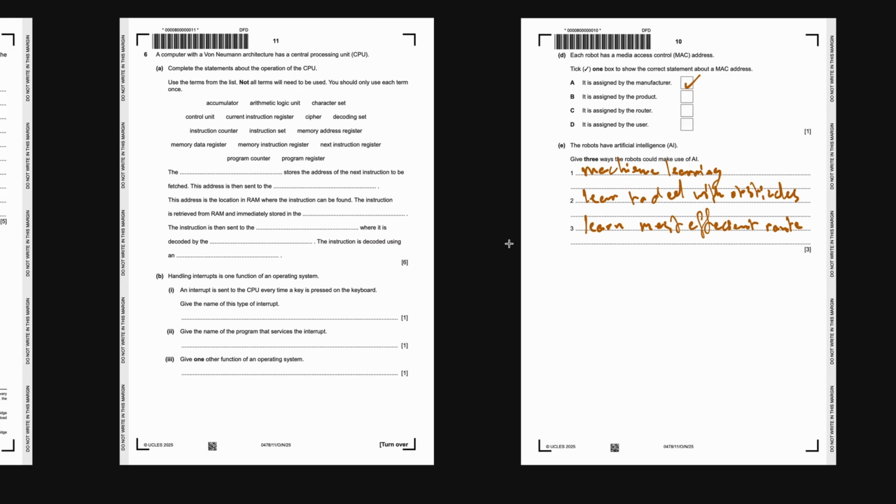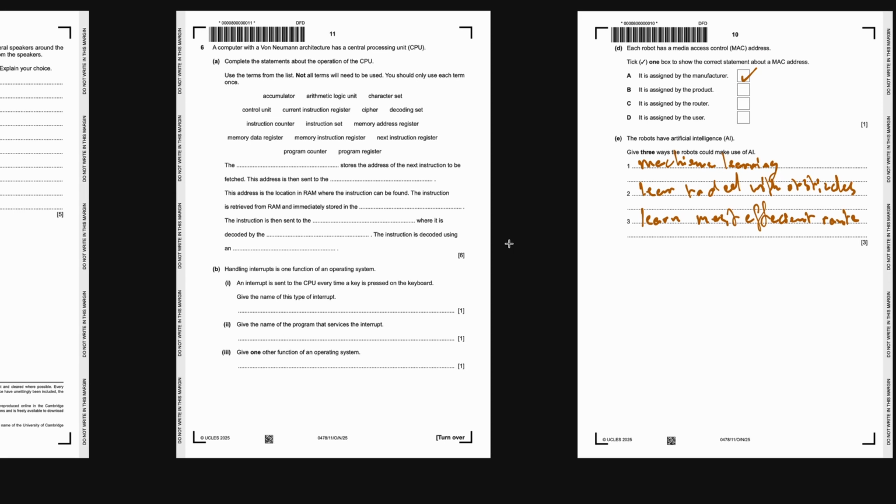So for question 6, a computer with a von Neumann architecture has a central processing unit, CPU. Complete the statements about the operation of the CPU. Use the terms from the list. Not all terms will be needed to be used. Okay. So firstly, what stores the address of the next instruction, right?